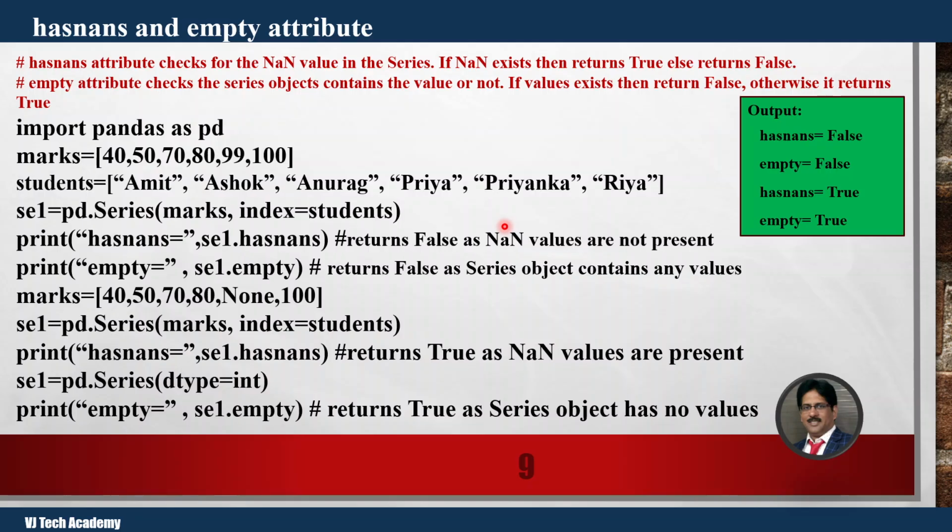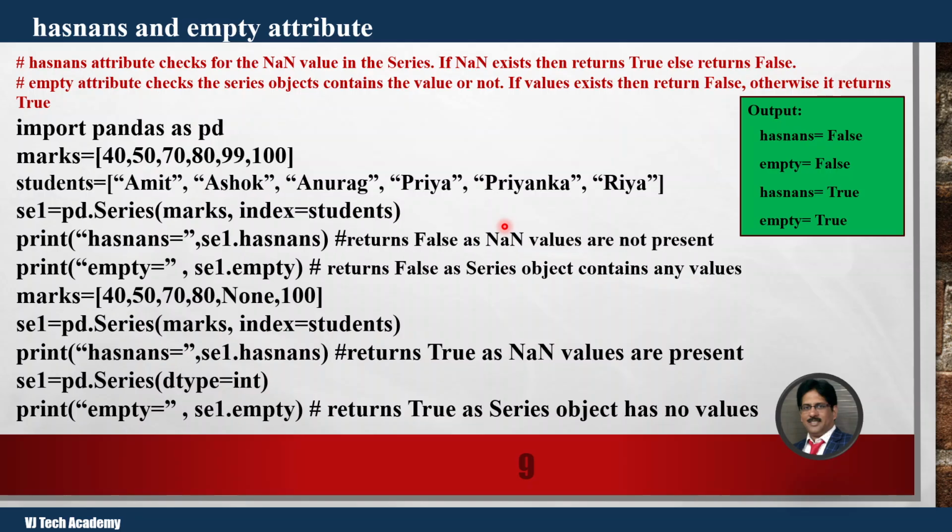Next is the hasnans and empty attribute. The hasnans attribute basically is used to check whether your series contains any NaN value or not. If your series contains any NaN value, then it returns true. If it does not contain any NaN value, then it will return false.